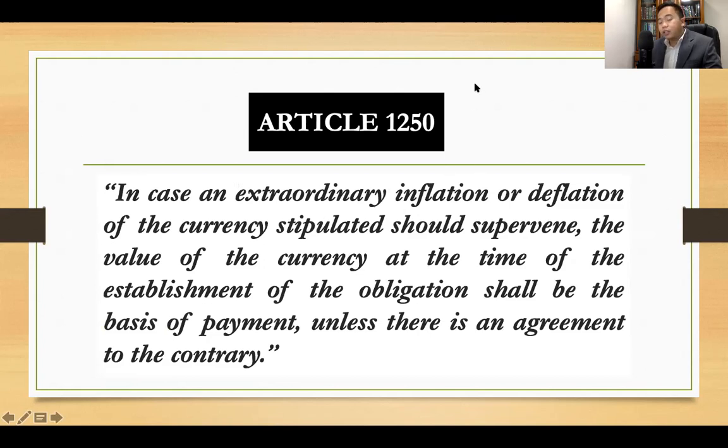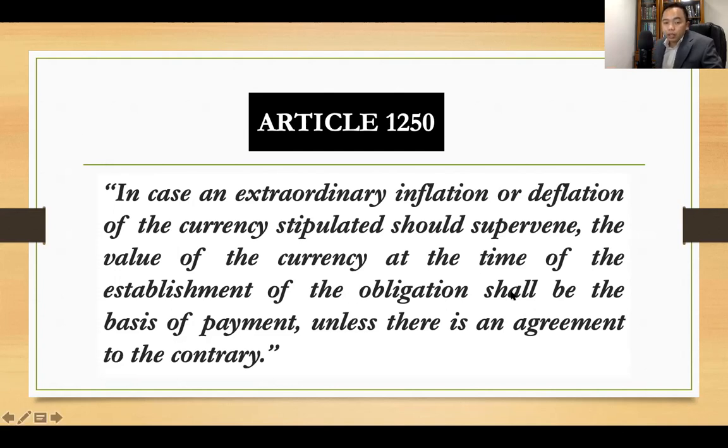Inflation is the rising of prices, while deflation is the sudden drop of prices. Now, if the currency suddenly drops or inflates, then the payment will be made at the value of the currency at the time of the establishment of the obligation, and not at the time of payment.